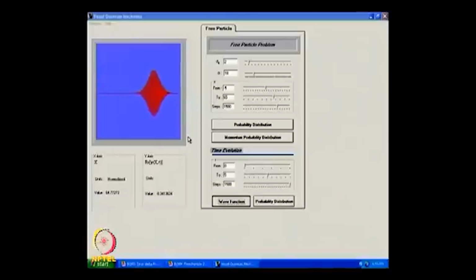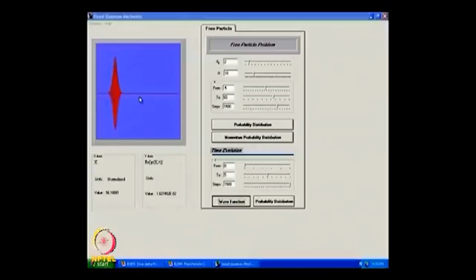So, we describe the electron or the proton or the neutron by a localized function. The corresponding probability distribution at t equal to 0 is somewhere here. The corresponding momentum probability distribution is also a Gaussian. And how will it evolve with time? The particle is localized within a distance this at time t equal to 0.